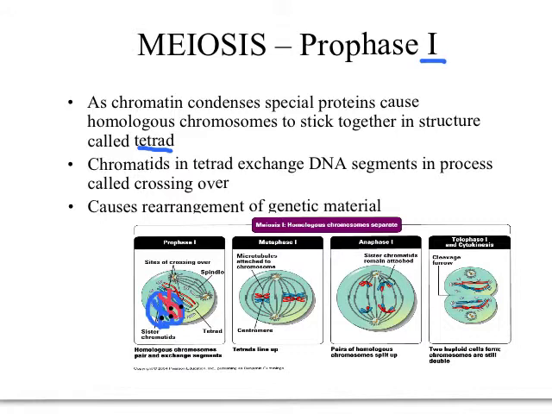So over here you can see that after it occurred, you've got some blue chromatids with little red spots and some red chromatids with blue spots. So that indicates that genetic material has crossed over and was exchanged between the sister chromatids. So this causes a rearrangement of genetic material and even further genetic variation among the offspring compared to the parents.